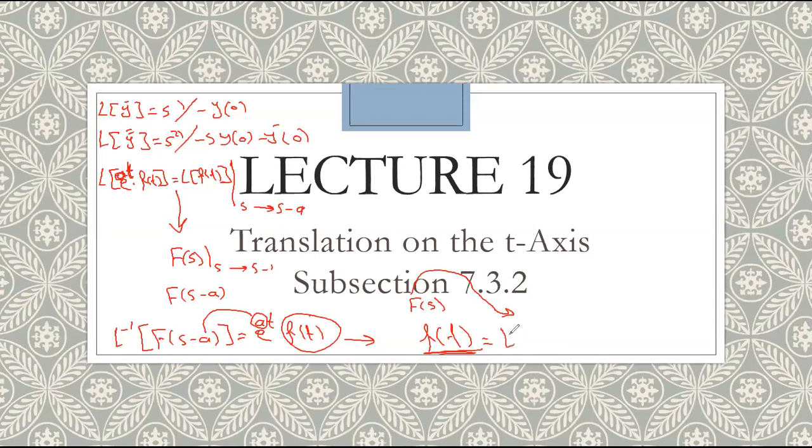Laplace inverse, great Islam. Laplace inverse of F of s. Notice here, I will give you F of s minus a. You have to guess F of s, then find its inverse to find your f small, then multiply it by the exponential.